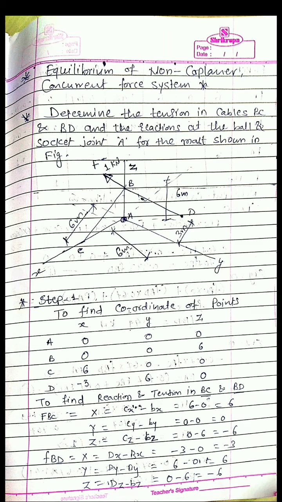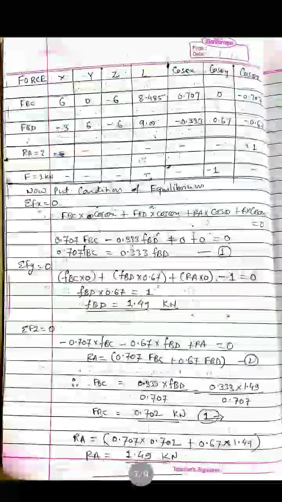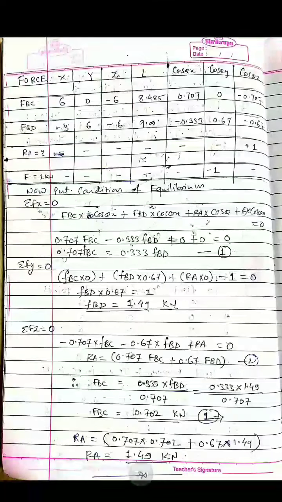Capital Y is equal to Cy minus By, and Z is equal to Cz minus Bz likewise. So we are getting these values 6, 0, minus 6, minus 3, 6 and minus 6.